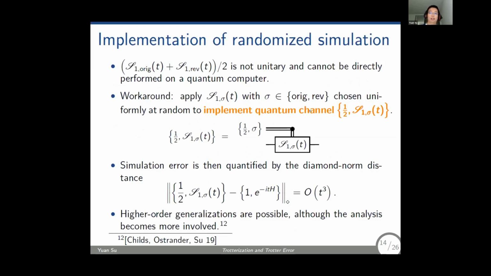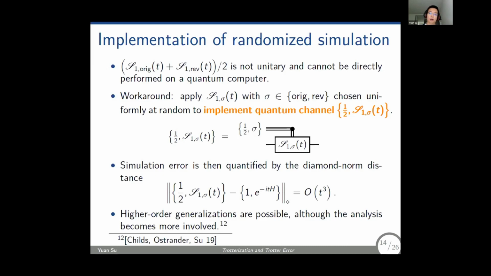With probability 1/2, you either perform the original Trotterization or the reversed version. So actually, this is implementing something called a quantum channel. I don't want to tell you the specific definitions, but you can think of it as randomly applying some quantum operations. In the actual implementation, you can just randomly select some classical information and you control the quantum operations.